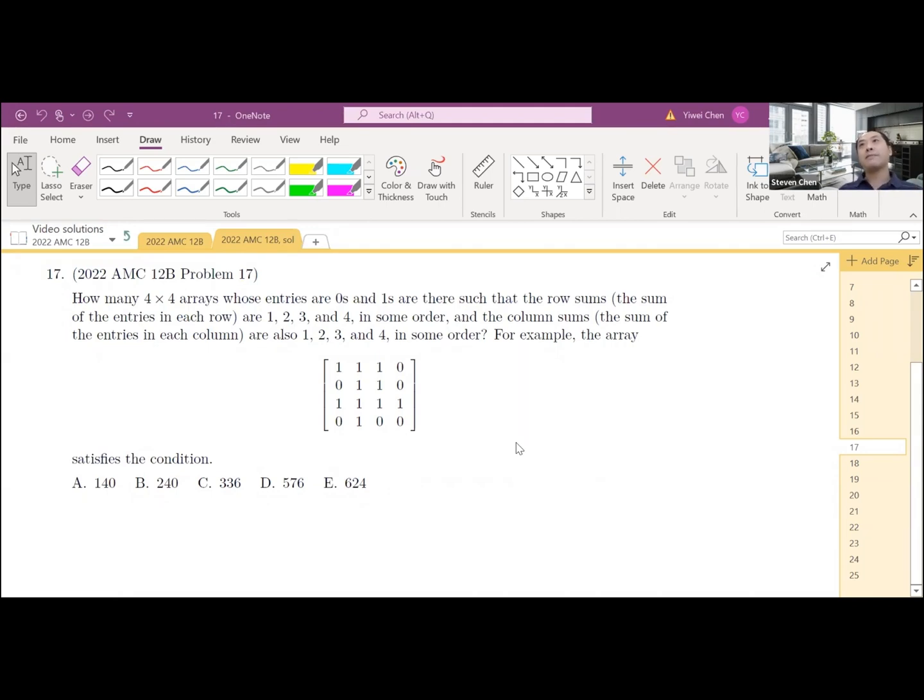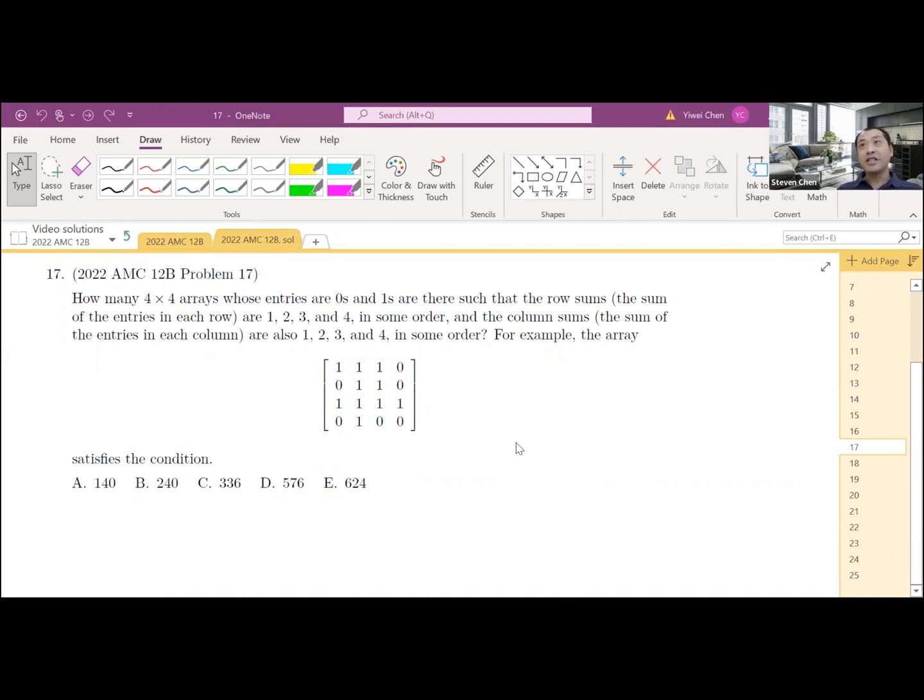For a given feasible matrix, if you swap any 2 rows, say row 1 and row 3, then it's still feasible. It can be easily verified, right? And similarly, for a feasible matrix, if you interchange any 2 columns, say column 2 and column 3, the new matrix is still feasible, right?